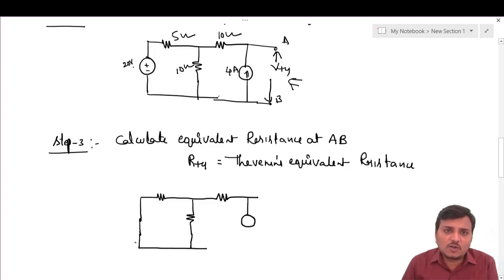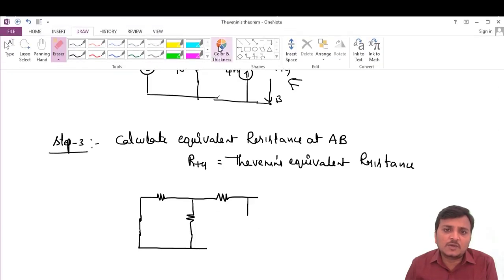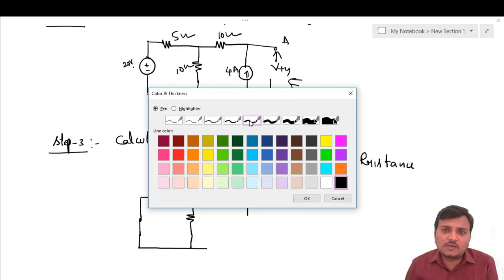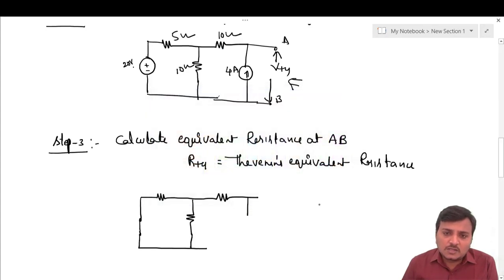Your current source is replaced with an open circuit. So here the 4 ampere current source is replaced with an open circuit. I am just opening this one.